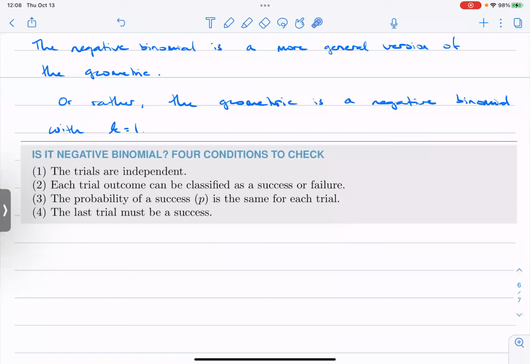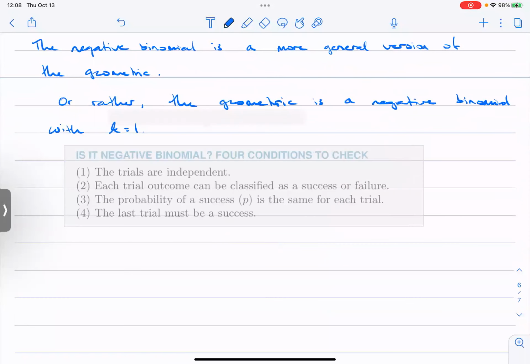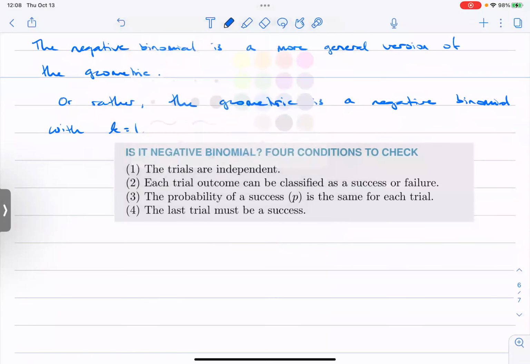So the negative binomial has the same conditions as the binomial, right? So 1, 2, and 3, these are the same as the binomial.